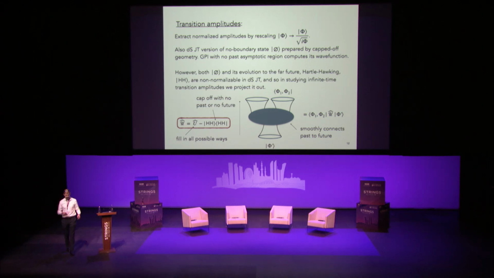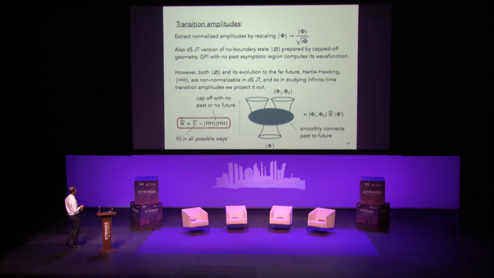So, for instance, we would interpret the path integral where there's no past asymptotic region, there's just smooth geometry, and then there's some future regions. We would interpret that as computing the wave function of this no boundary state evolved to the far future in the basis of these asymptotic states.